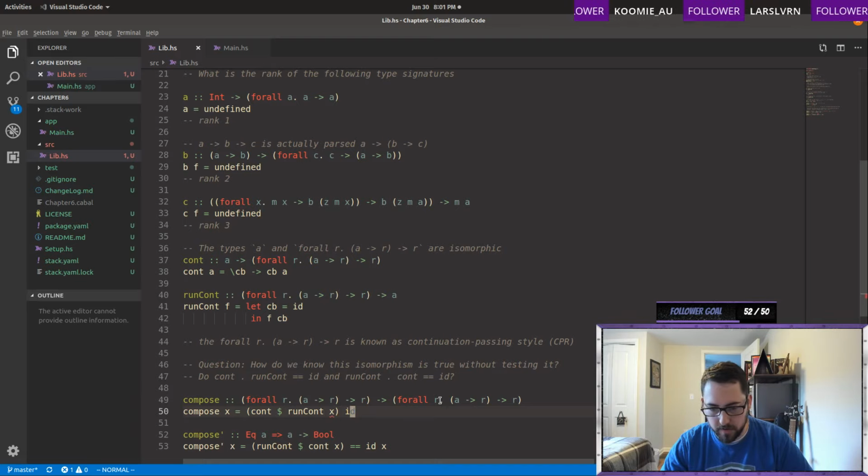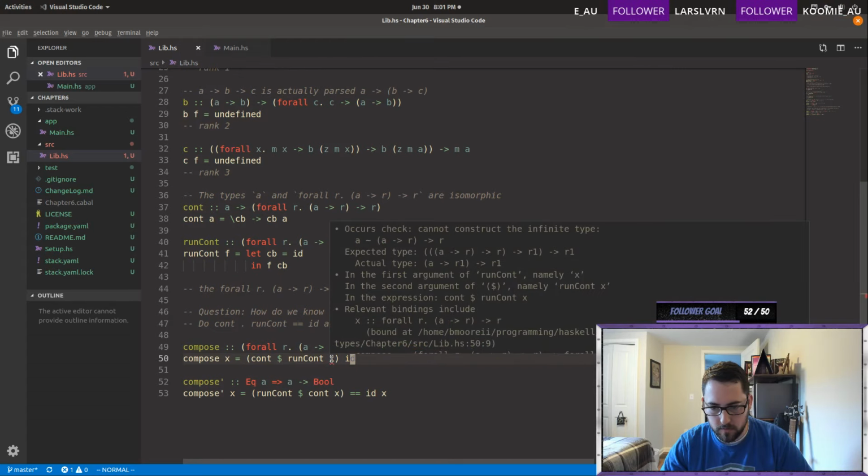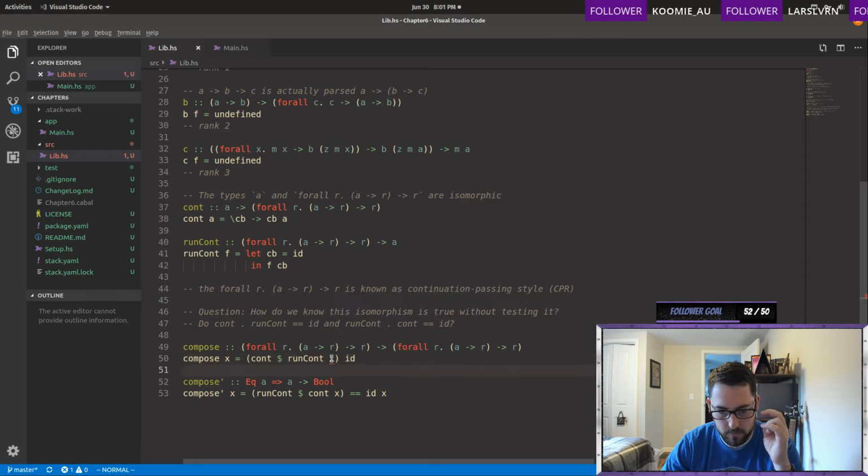That's not how you plug in the definitions. Oh, that's okay.